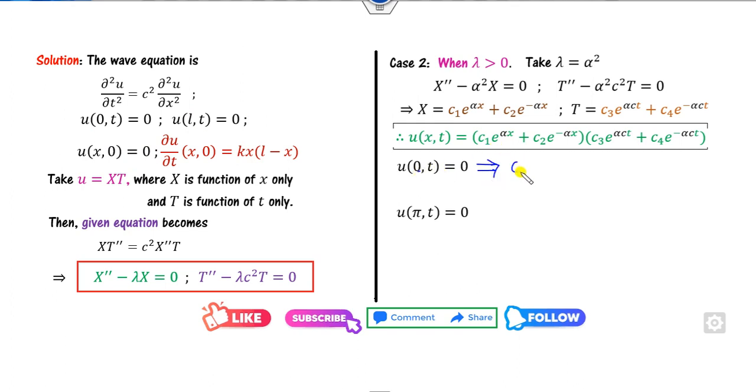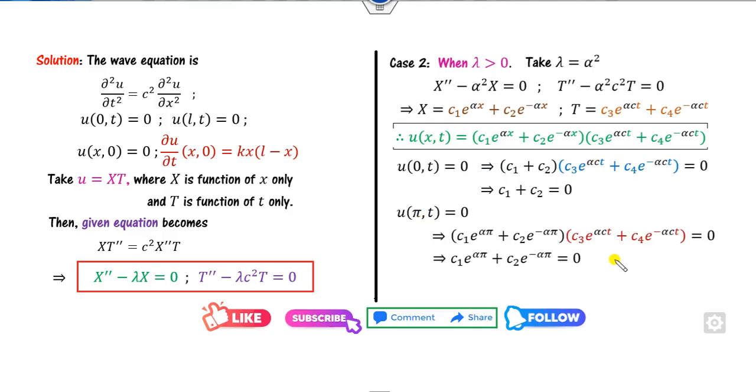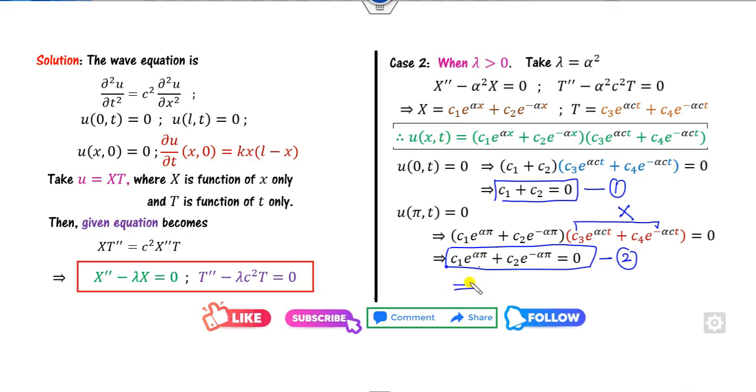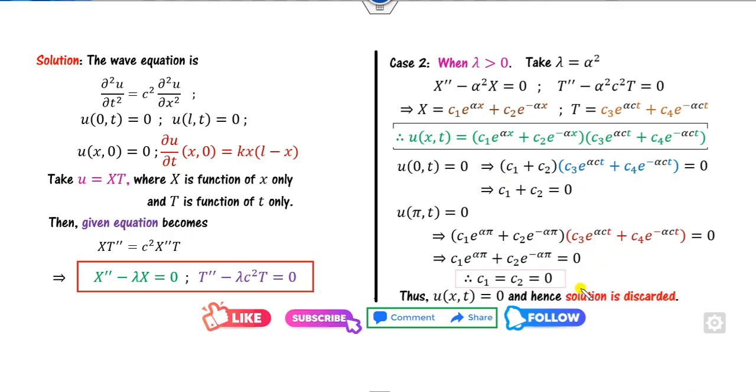When x is equal to 0, c1 plus c2 into this value; clearly this number can never be 0, therefore c1 plus c2 is 0. Similarly, I can apply it for L. This quantity can never be 0, therefore the other factor will be 0. I can solve equation number 1 and equation number 2, and you get c1 and c2 both as 0. Therefore u will be 0, so this case is also discarded.